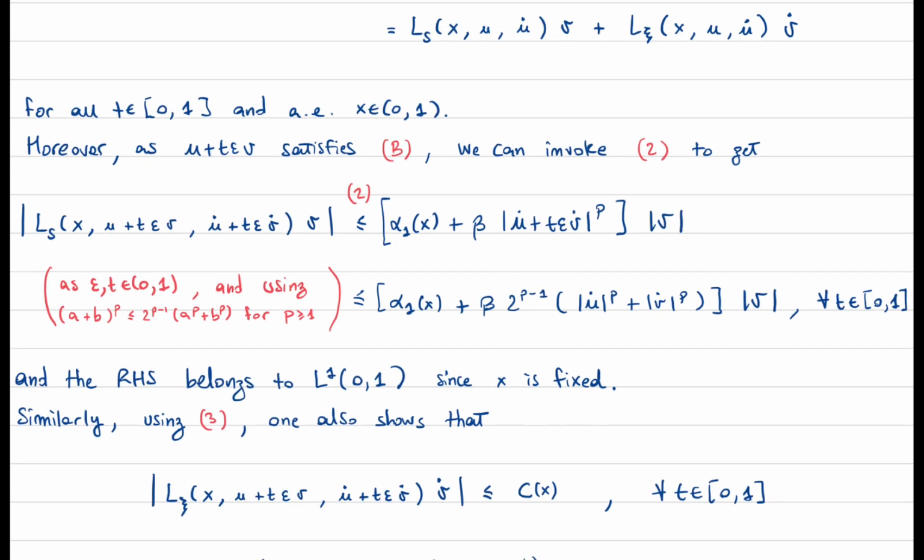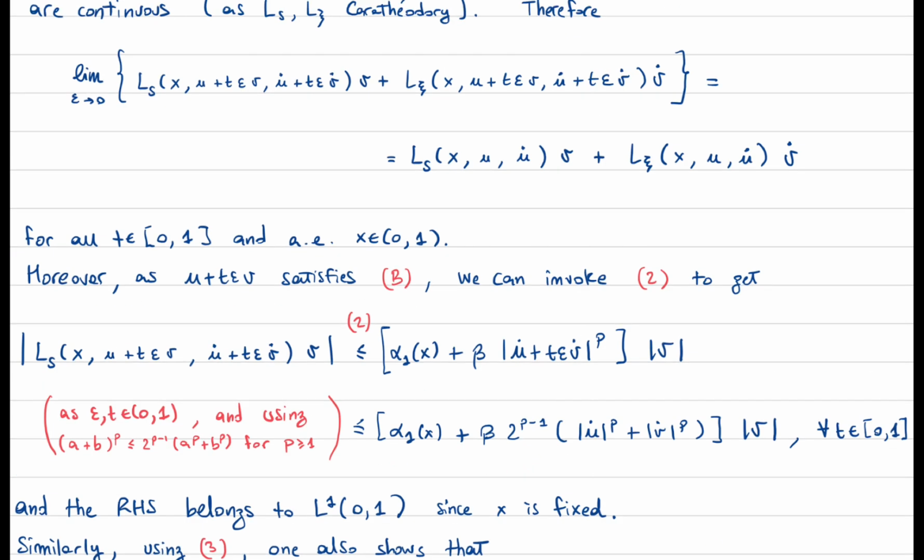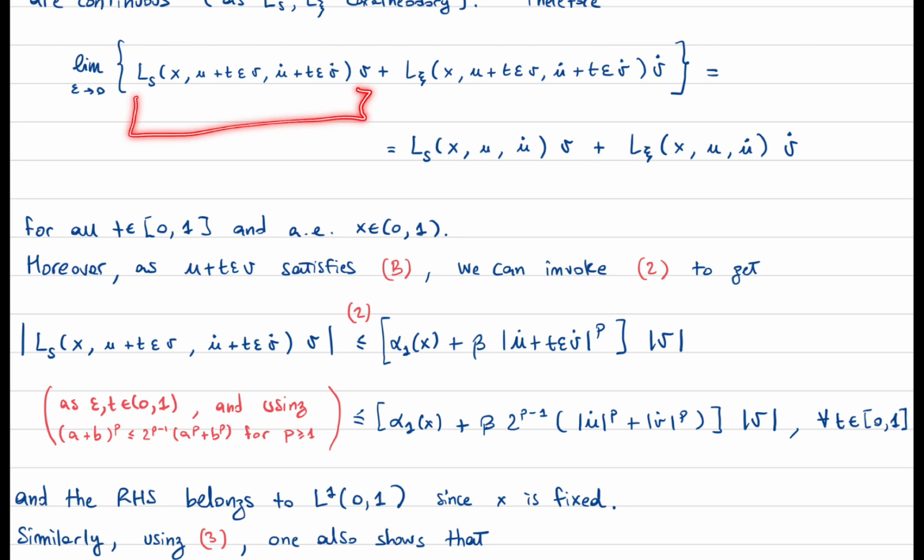In particular, we apply estimate number 2, the one on the s derivative of L, to obtain that this can be immediately estimated. We know that we can estimate this with alpha 1 of x plus the constant beta times xi to the power of p, and xi in this case is this one here. So you get this, times the absolute value of v, which is still here.